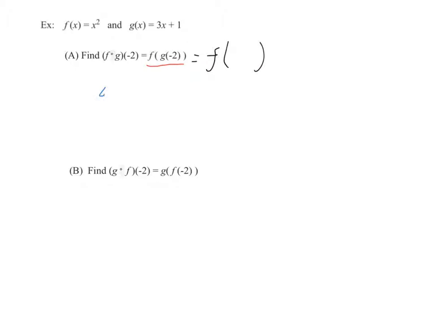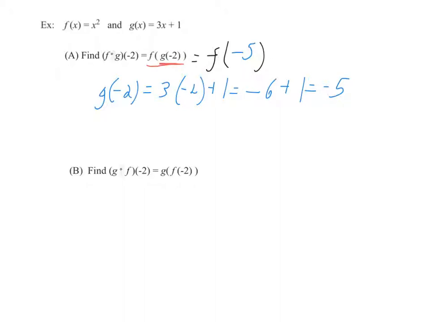All right, g of negative 2. I can substitute negative 2 into the value to get negative 6 plus 1, or negative 5. So that means I'm really finding f of negative 5, working from the innermost parts first.